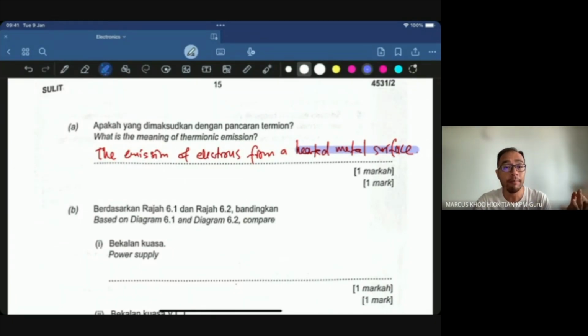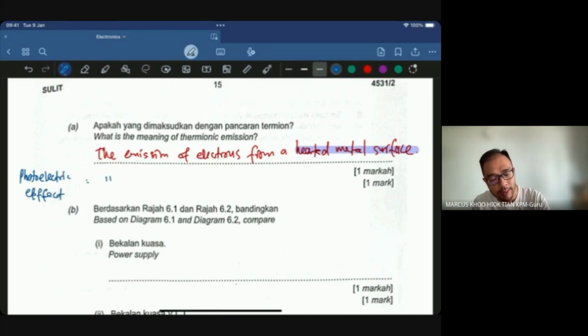Okay, but of course, another thing that you also need to take into consideration is that there is another definition that involves the emission of electrons, which is the photoelectric effect. Okay, this is chapter 7 lah. Okay, I'm doing a lot of going back and forth. Okay, the photoelectric effect has the exact same words, the emission of electrons when a metal surface, oh sorry, you know what, let me put it a little bit better.